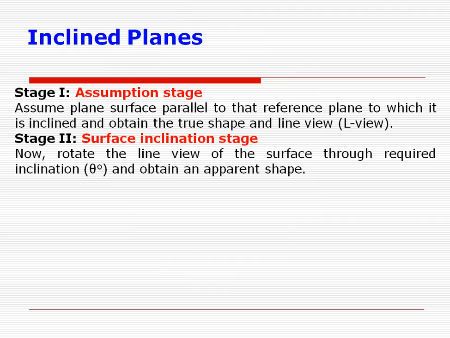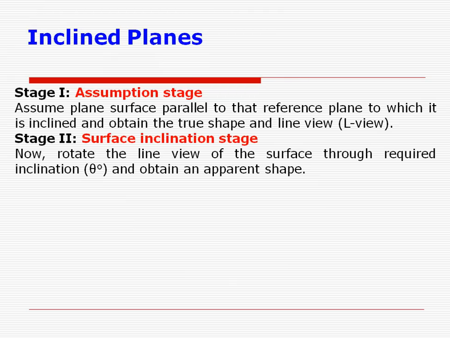For example, if the statement says that the plane is inclined to HP in the final condition, in that case we will take the initial position of the plane as parallel to the HP.